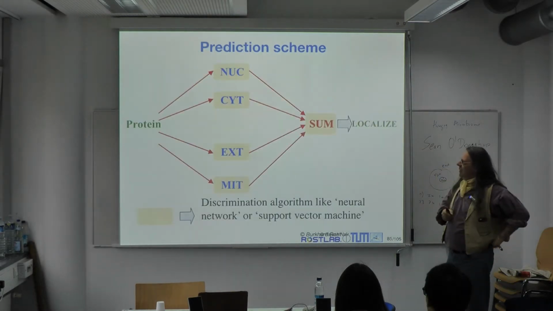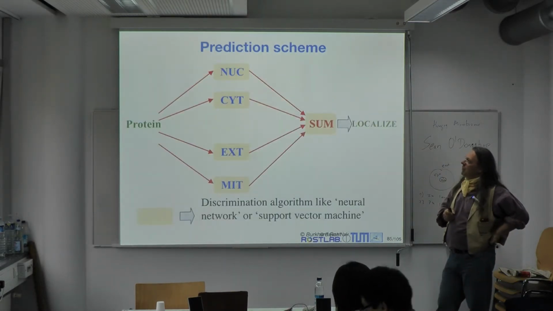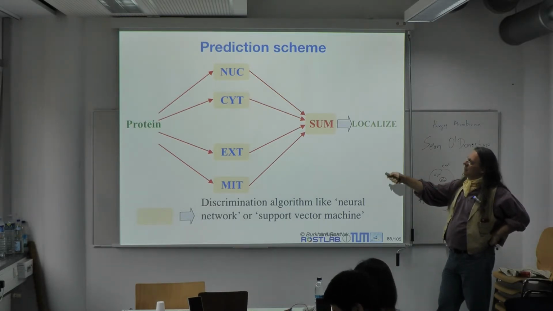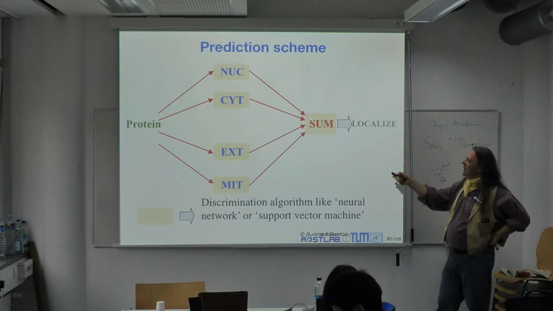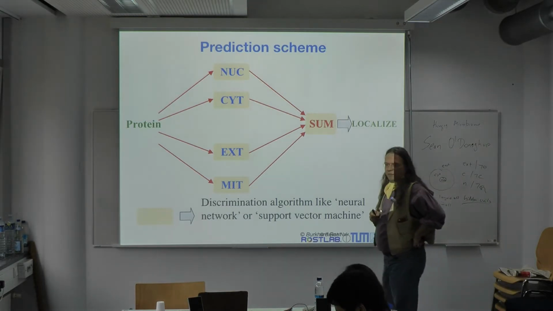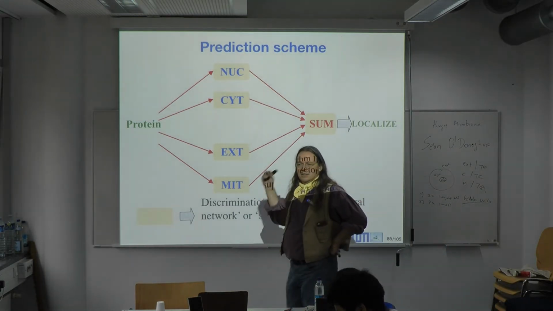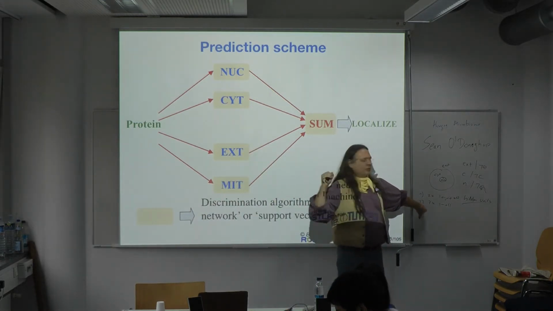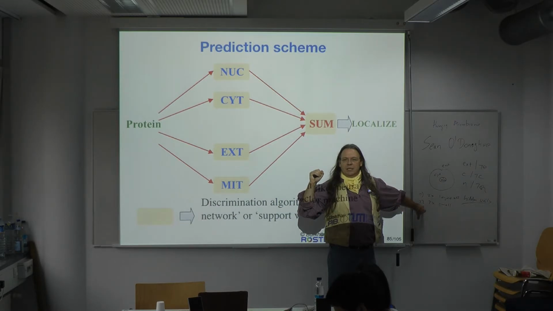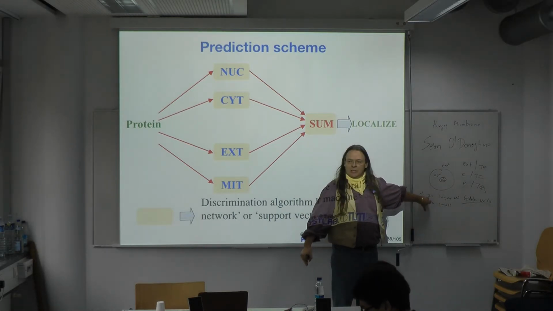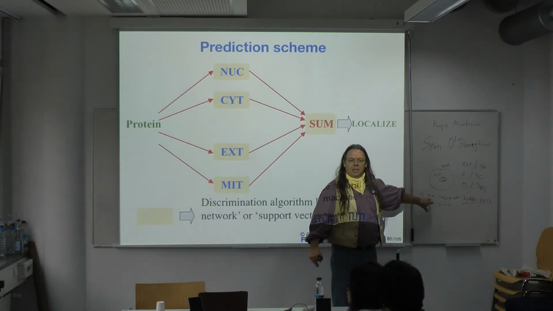Okay, back again to the problem of predictive sub-cellular localization. So you start with a protein, you have some machine learning device that does binary decisions, and then, in fact, it adds up. Now, in all of this I have this assumption of one against all, so the solution for the three sub-cellular localizations is three different networks, not the David solution, in which I only take two and infer the third one.